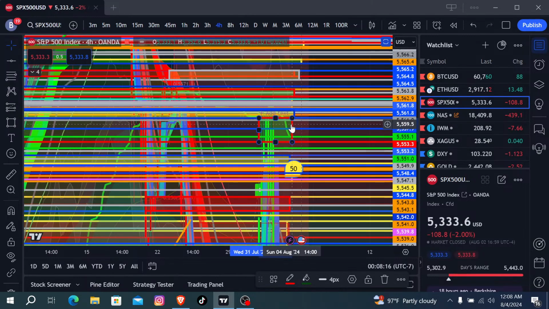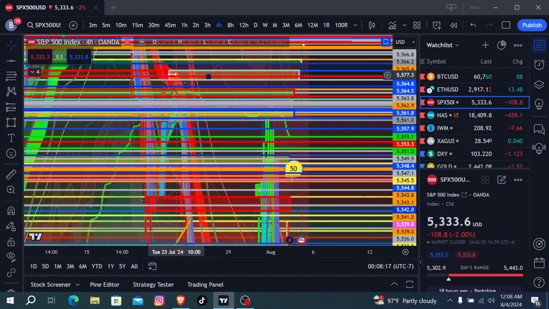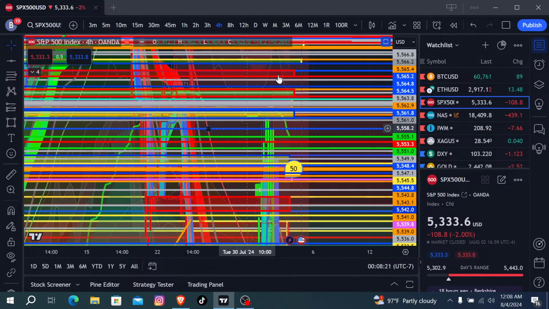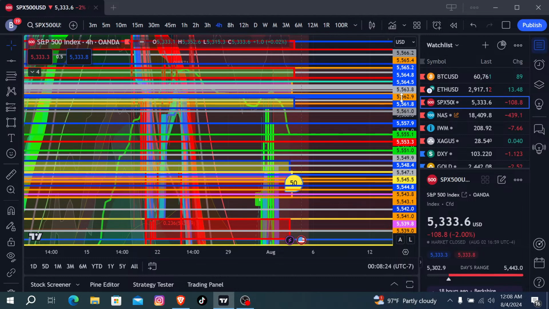Take this off. So this is what there is to pay attention to. This area right here. And I think on this day, it was an earning, because it was at the end of the day. It was either like Apple or, let me see, actually I can see right now.